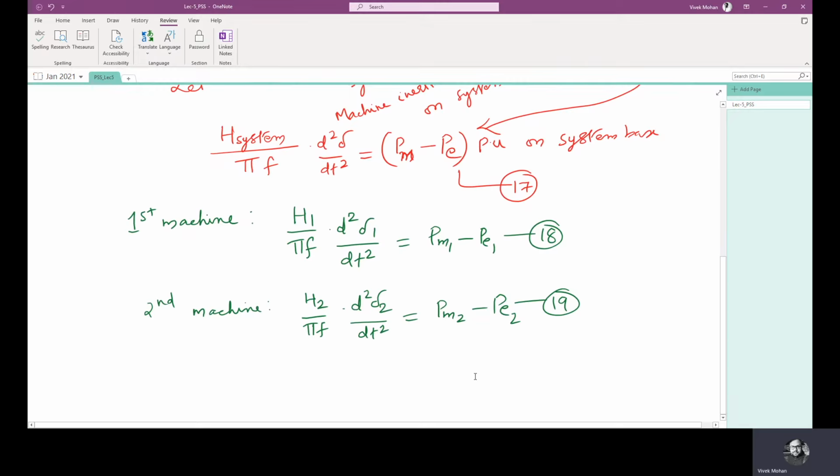Now we have already seen that the rotors swing in unison. That means the displacement is the same, which means del 1 equals del 2 equals del.